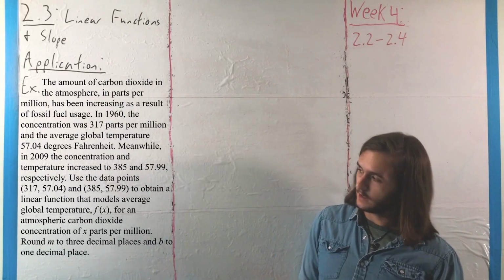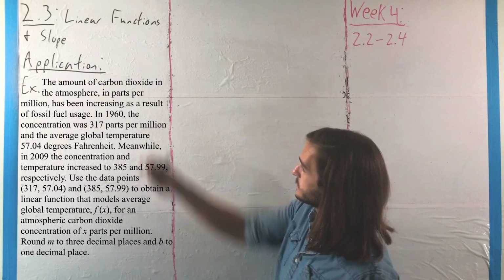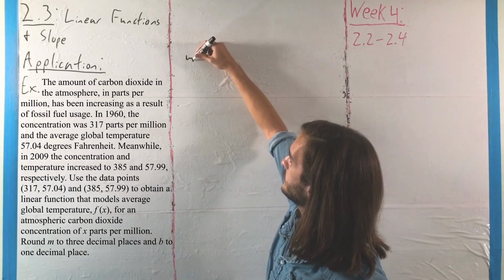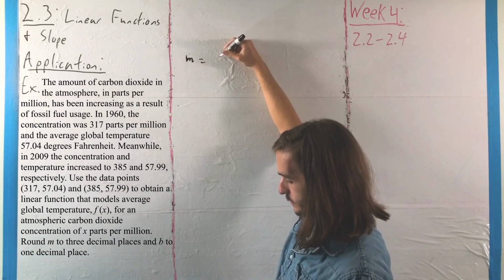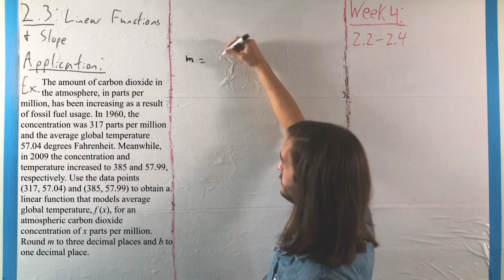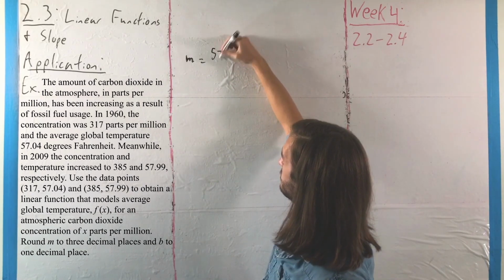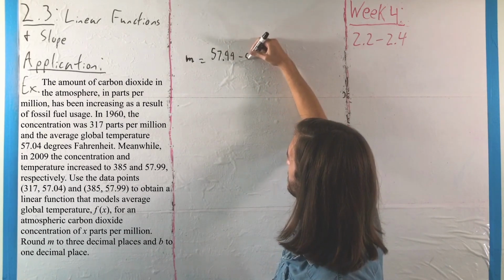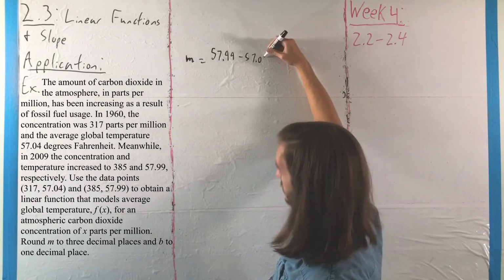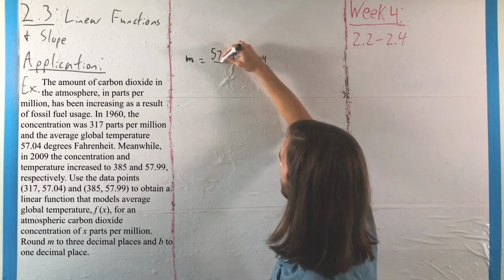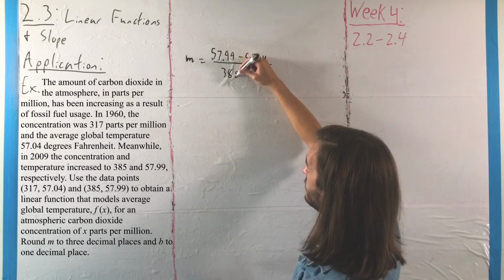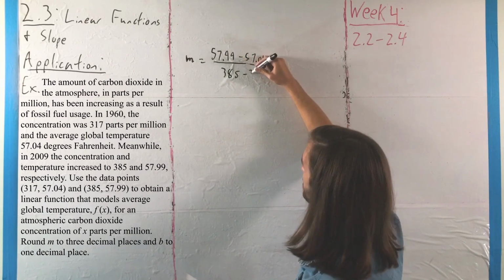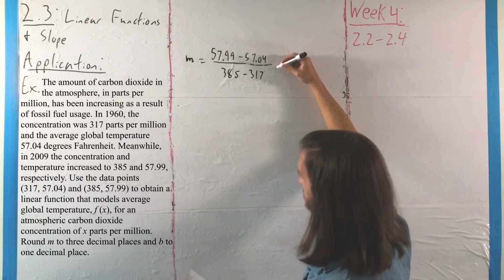So here we have the 2 points given and we need to find a slope. Finding a slope always comes down to m equals rise over run, where here rise is measured in temperature, 57.99 minus 57.04 degrees Fahrenheit, over run, which would be 385 parts per million minus 317 parts per million.